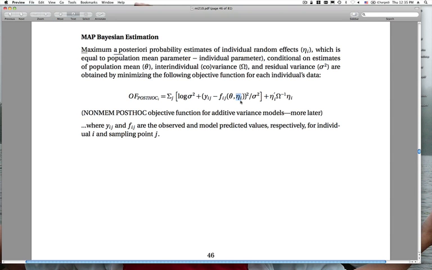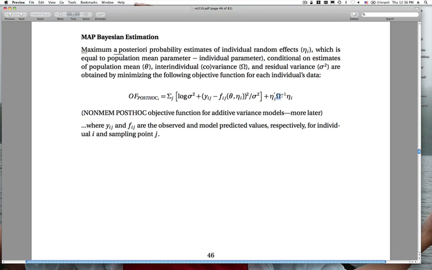But suffice to say that this is just the parameter that describes how an individual differs from the population mean. The other parameters, the population mean structural model parameters, the theta here, the residual variance, sigma squared, and the inter-individual covariance, omega, these are all known ahead of time, and they're not analyzed as part of this objective function. They're actually fixed to some prior knowledge.